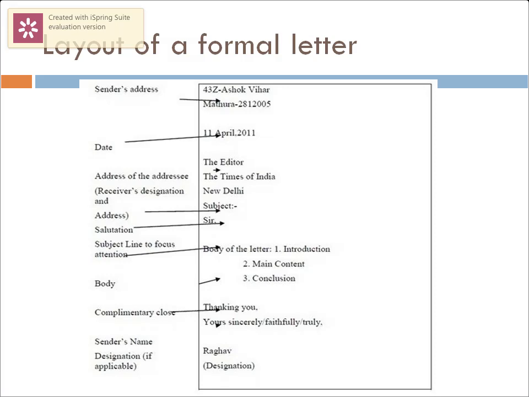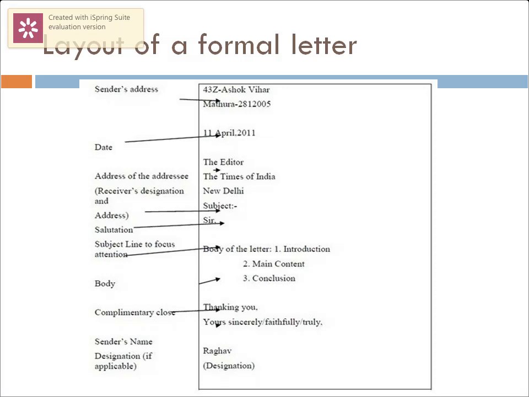The date, again, is placed below the sender's address, as in the case of personal letters. Then the inside address, or the address of the receiver, is placed on the left side. The inside address is not punctuated, and each line of the address begins on the left margin.